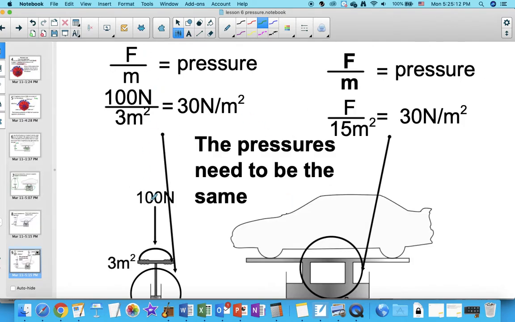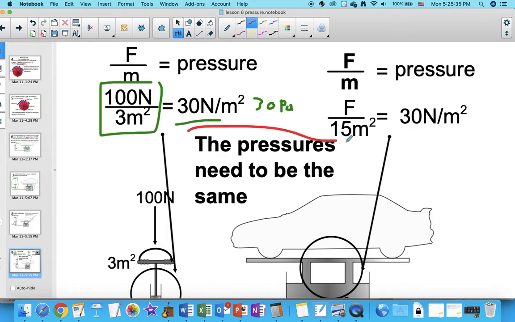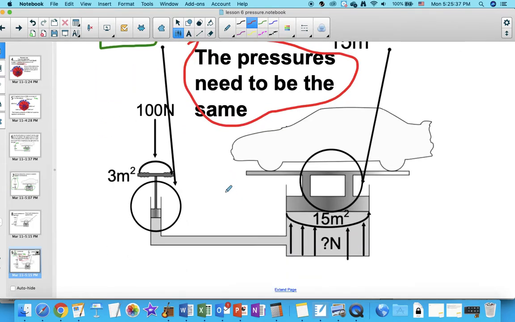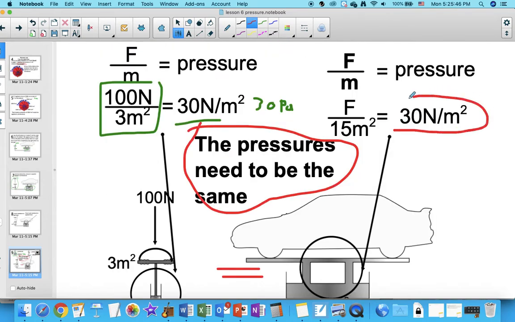So we applied 100 newtons of force over 3 meters. Pressure is calculated by force divided by area, 100 divided by 3, which gives us 30 newtons per meter squared, or 30 pascals. So now we're applying 30 pascals. We know, according to Pascal's law, that the pressure must be the same on this piston too. So we know that this must be 30 newtons per meter squared, or 30 pascals.